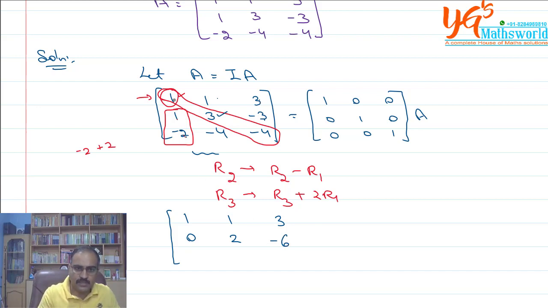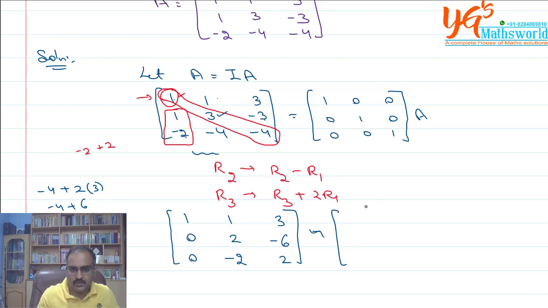On R3: minus 2 plus 2 is 0, minus 4 plus 2 is minus 2, minus 4 plus 2 times 3 is minus 4 plus 6, which is 2. On the other side we have 1 0 0, then R2 minus R1: 0 minus 1 is minus 1, 1, 0, then R3 plus 2 times R1: 2, 0, 1, into A.